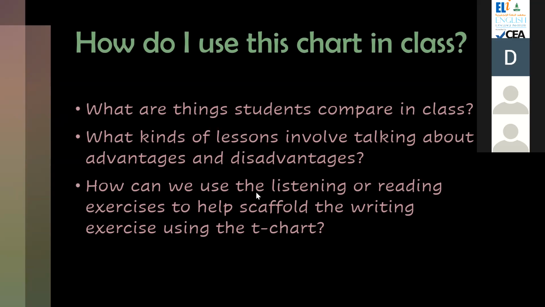We've got some reading about an endangered animal. Going back to the listening or the writing or the reading, how could you use a T-chart to explain what they were listening to or reading when it comes to endangered animals? How could you do a T-chart with that?